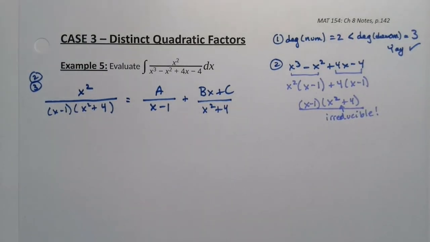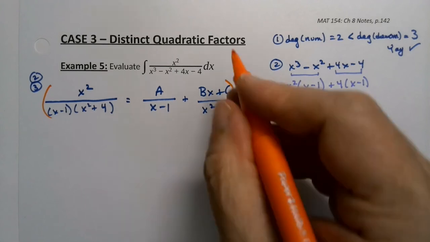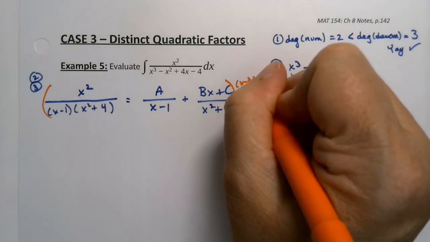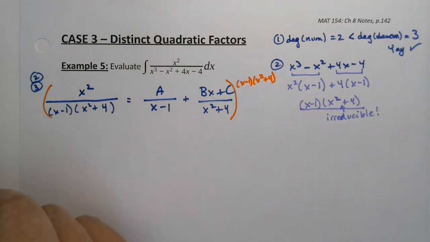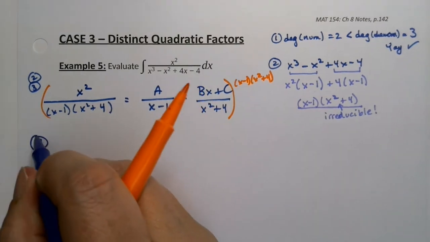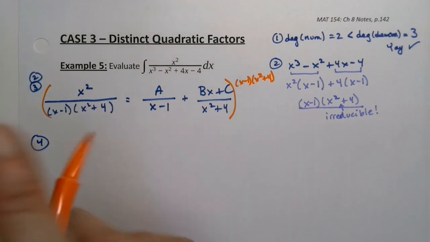All right, so now I will multiply everything by that common denominator, x minus 1, x squared plus 4. Okay, and so that'll get me step 4. Now it's always the denominator of the integrand over here, and that's for a hint.